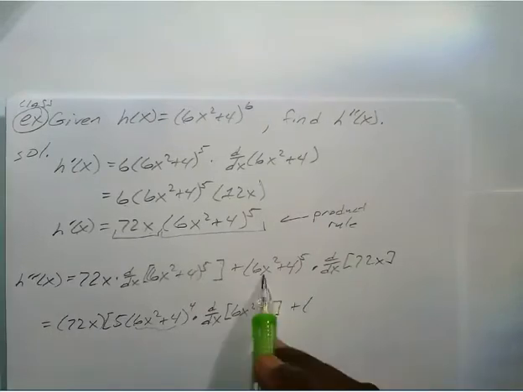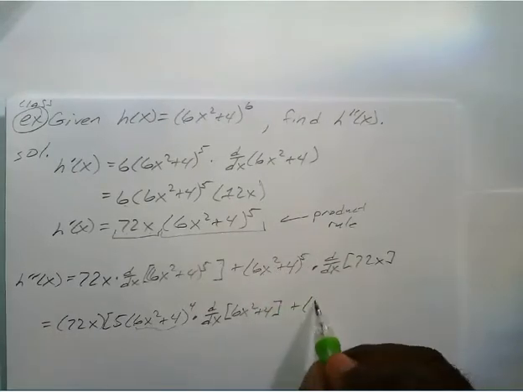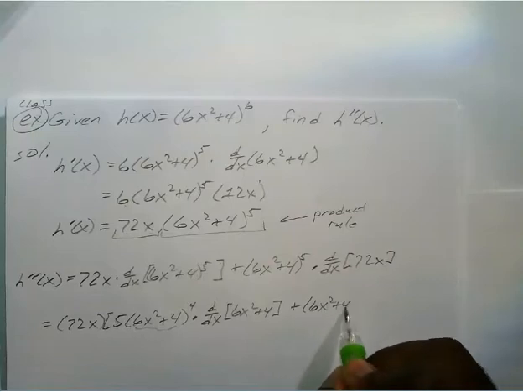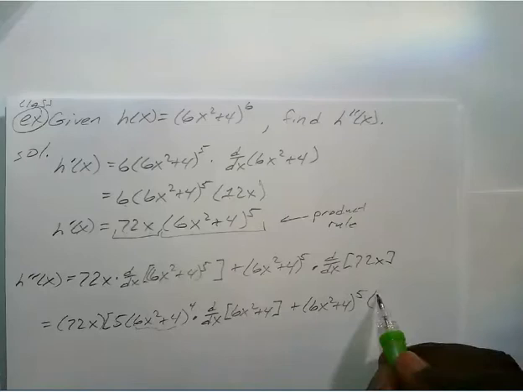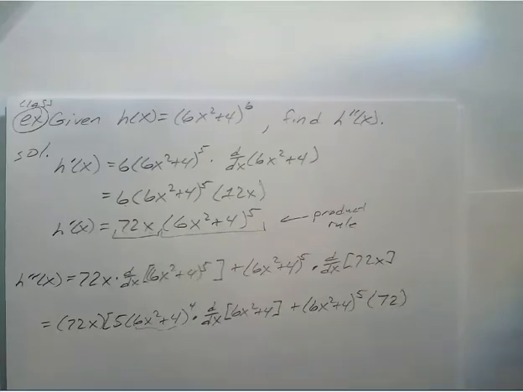Plus 6x squared plus 4 to the 5th power times the derivative of 72x, which is just 72.